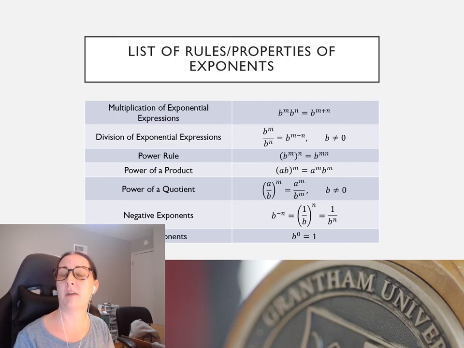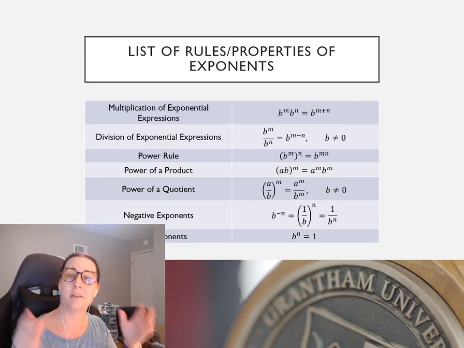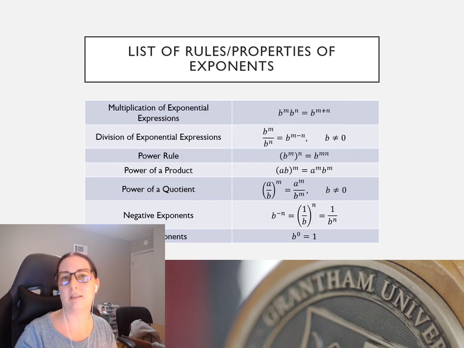Power of a product is what I call distributing the exponent. The exponent on the outside of the parentheses gets put on the inside, so everything on the inside gets that exponent. It's similar to the distributive property, so that's why I say we distribute the exponent.